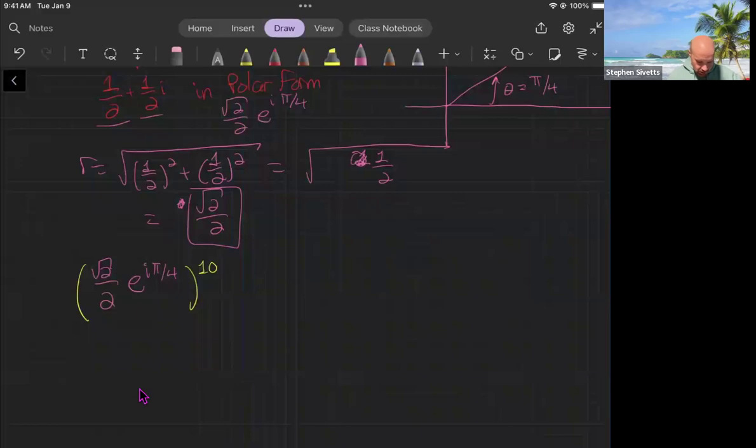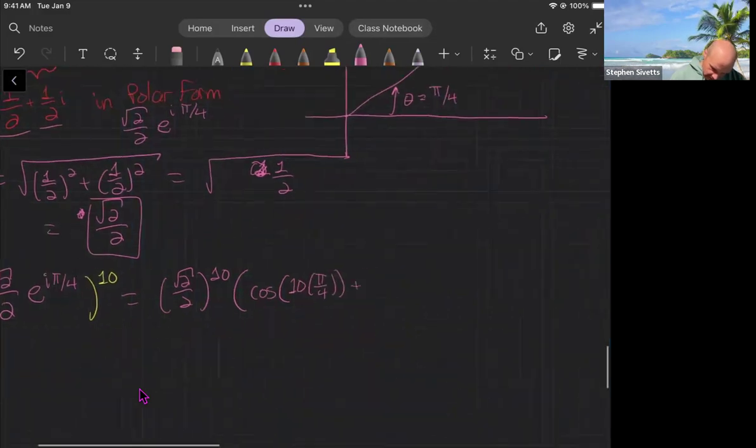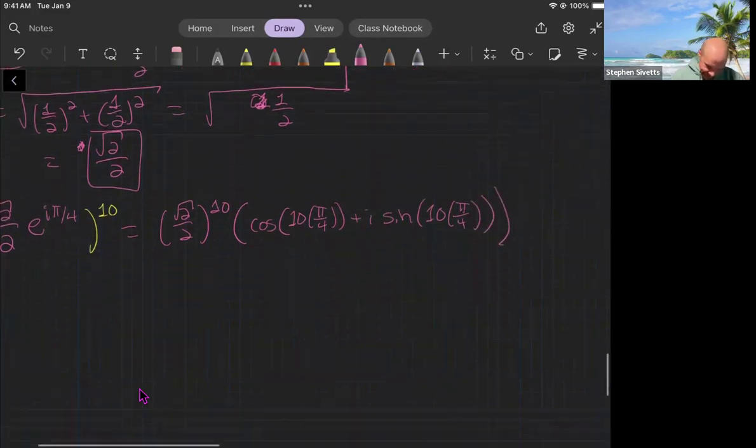Okay, so we exponentiate the radius. So this equals root 2/2 to the 10th power, and we multiply the angle by 10: cosine of 10 times pi over 4 plus I times sine of 10 times pi over 4.